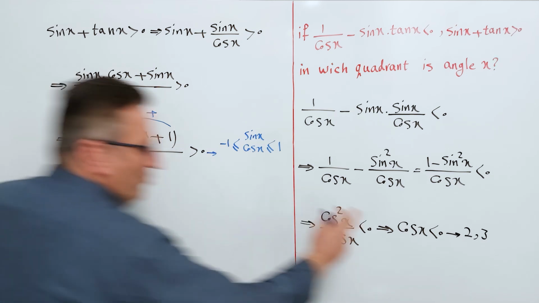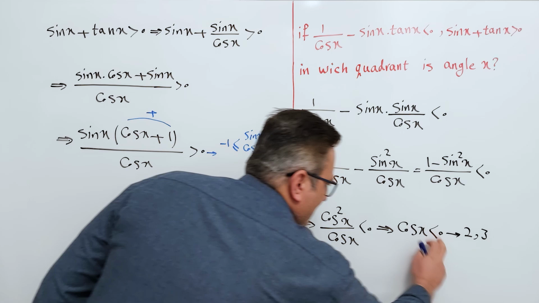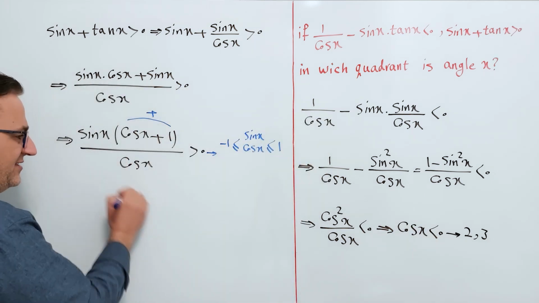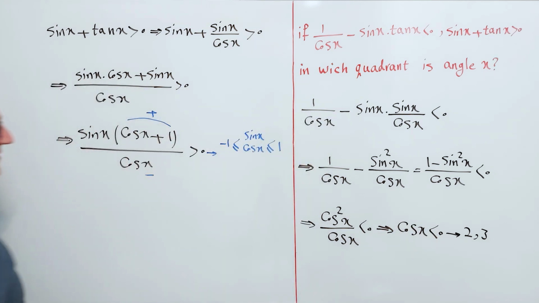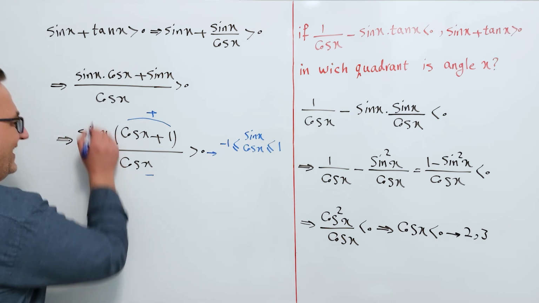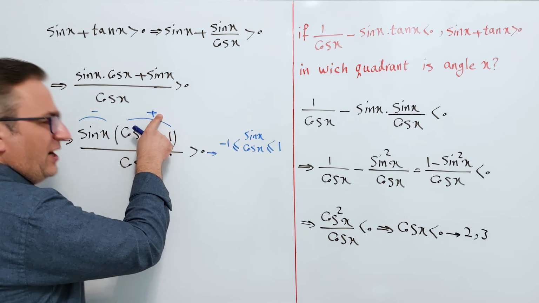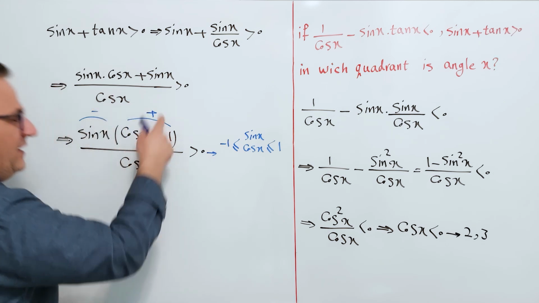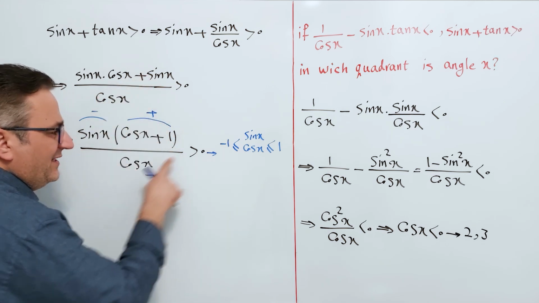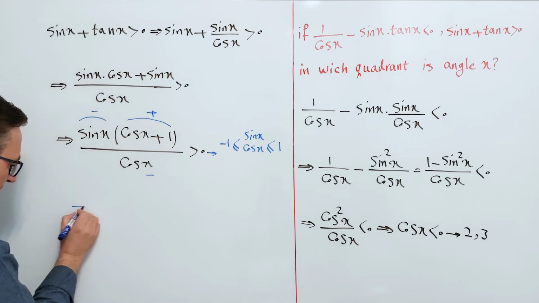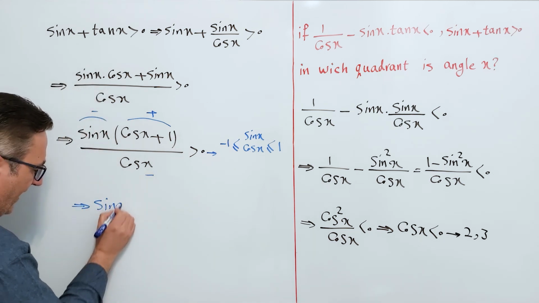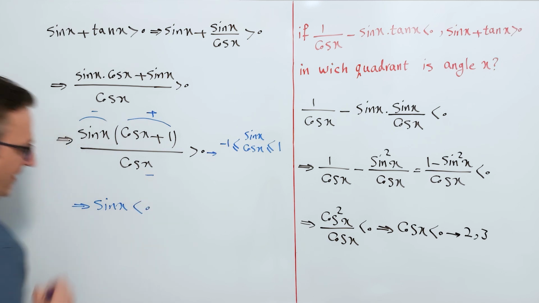Okay, and we know that cosine x is negative, so the denominator is negative. So sine is negative, because negative times positive is negative, divided by negative is positive. So sine x is negative.